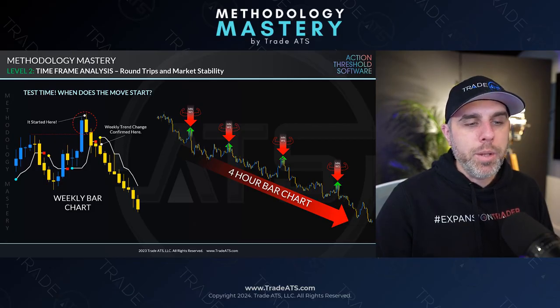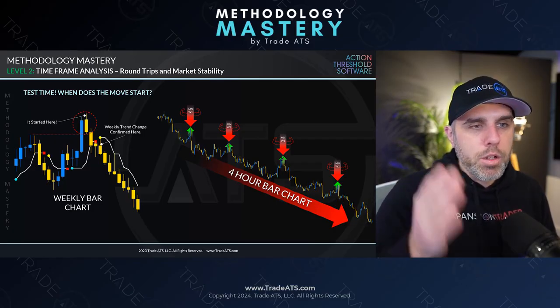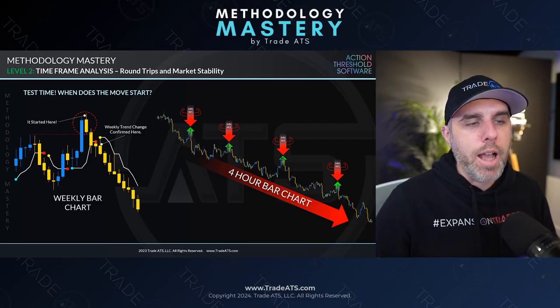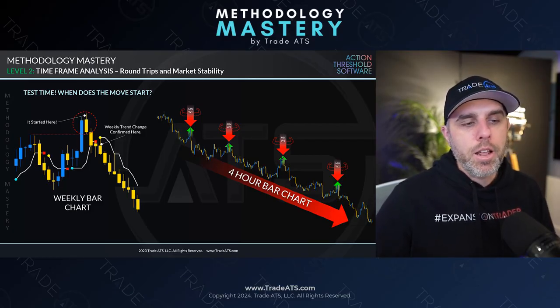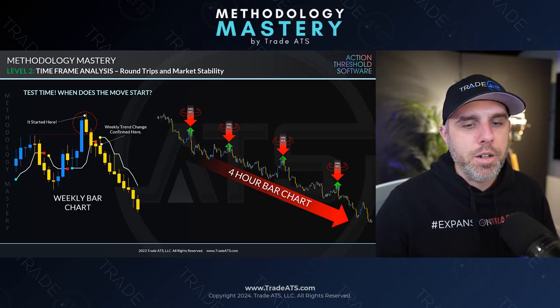They're probably opening up new positions to go short. In general, right? So we're talking about the stable time flow of money. Those people are going to be looking at this weekly chart as they close their buy positions at the top and open new sell positions at the turn.